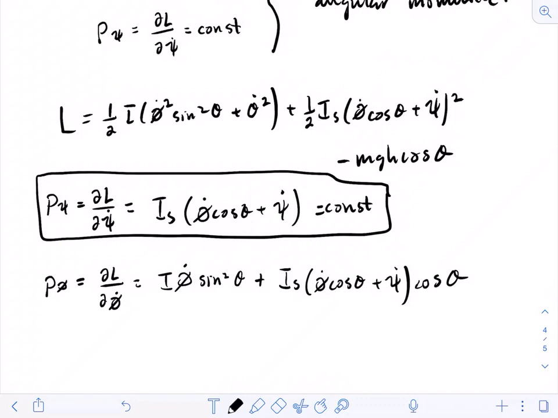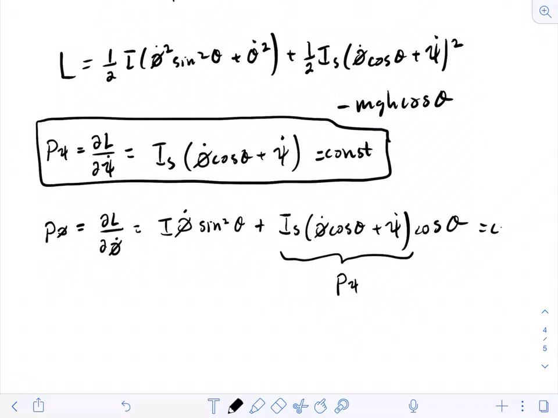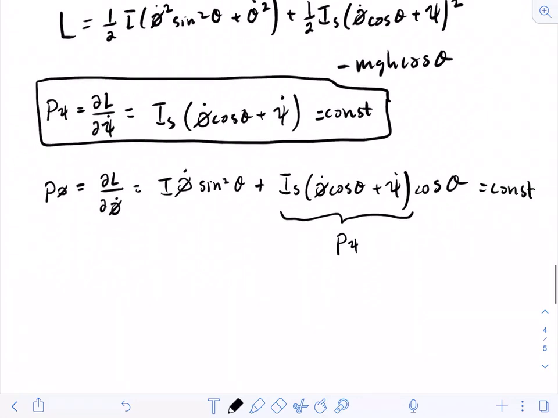So that's fine, but this right here is exactly what we just wrote down for the conjugate momenta of the psi coordinate, and so that's a constant. So this has to be equal to a constant, and so therefore we have p phi is equal to I phi dot sine squared theta plus p psi cos theta, and that's equal to a constant.